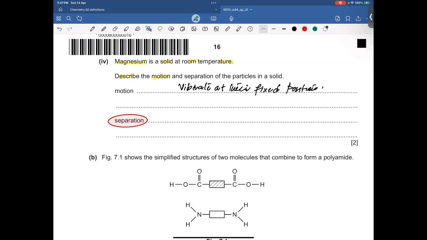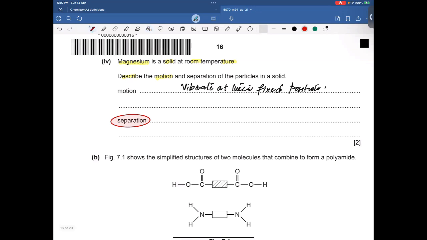What is meant by separation? I have no clue about this. To be very honest, I don't understand this. In the marking scheme, I know what's given, but that didn't click at all for me. All right, which is why I'm just skipping this part.